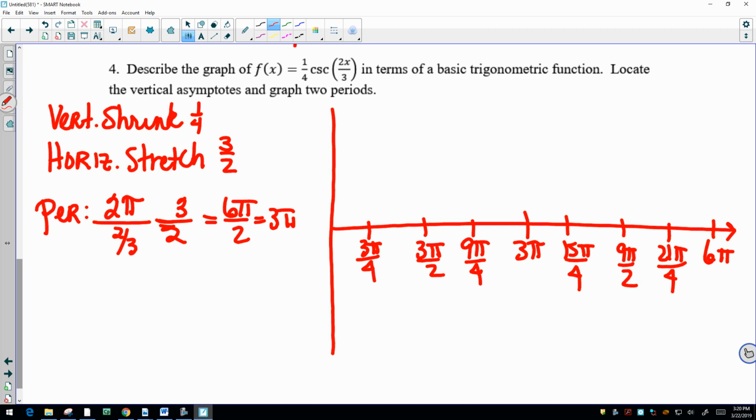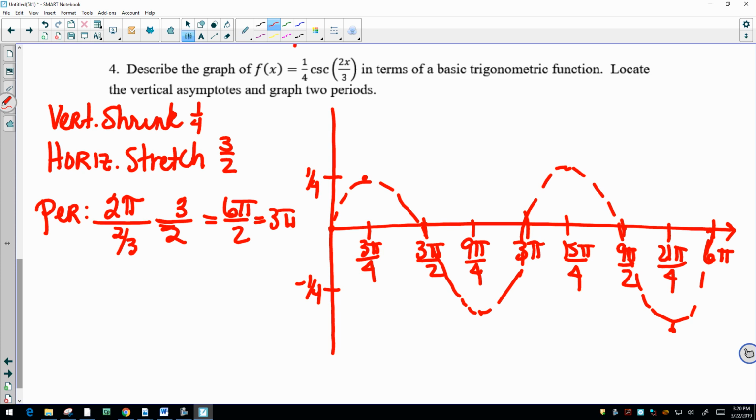Again, we need to put the amplitude, because remember, it's going to be based off of our sine curve. Maybe start by drawing that sine curve so we get those critical points again, so I can see my maxes and my mins and my zeros. For now, I'm just going to do a dotted line so I can see my sine curve.